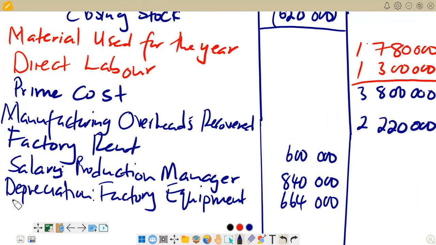Rates and taxes, and the figure that we have is 250,000. We put it there. Then we see on the next step, we are supposed to add there.